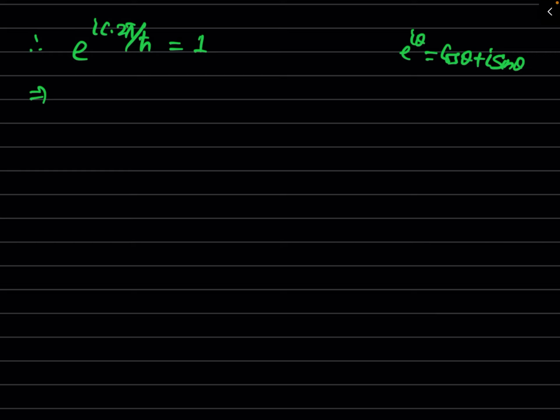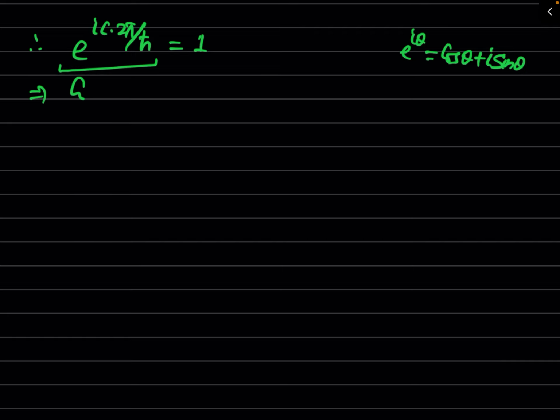So in this condition, this LHS may be written as cos of 2 pi c over h bar plus i sin of 2 pi c over h bar, and this is equal to 1.